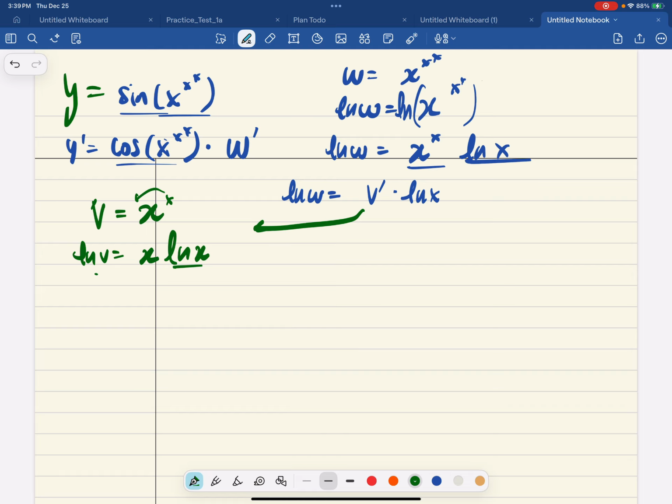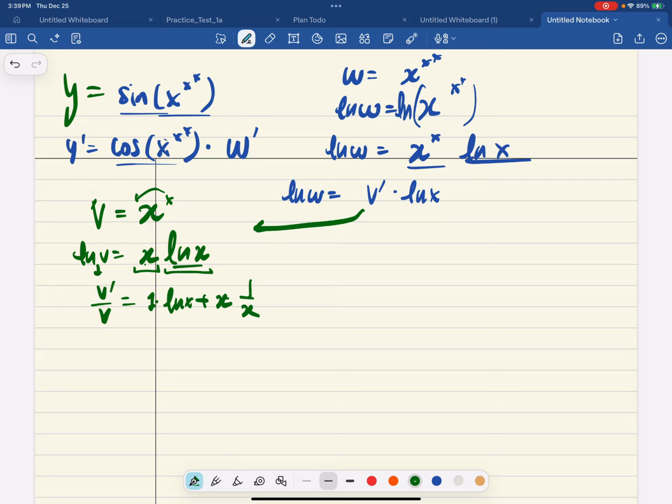And this one turns into v prime over v is equal to, this is a product rule. If you see it, component under component. So 1 times ln of x plus x times 1 over x. So 1 is the derivative of x times ln of x normally, plus normal x times the derivative of ln of x, which is 1 over x.